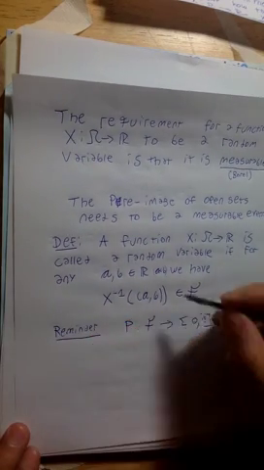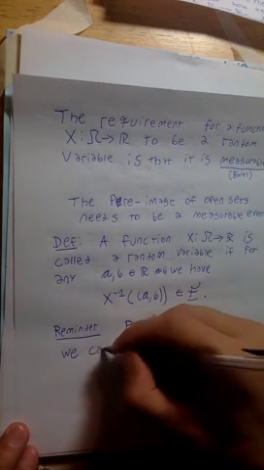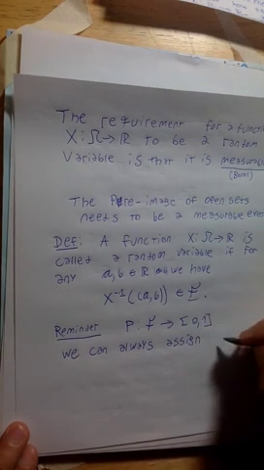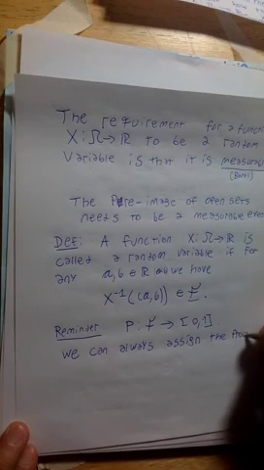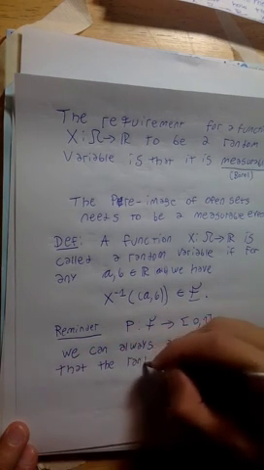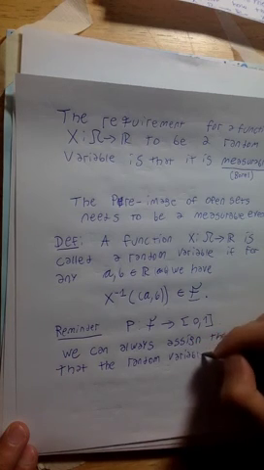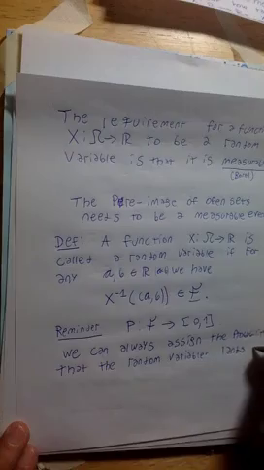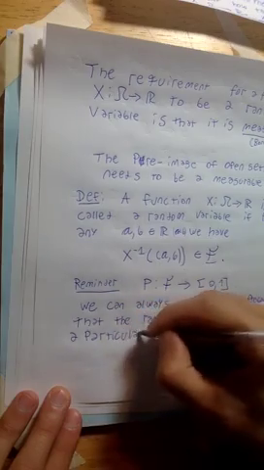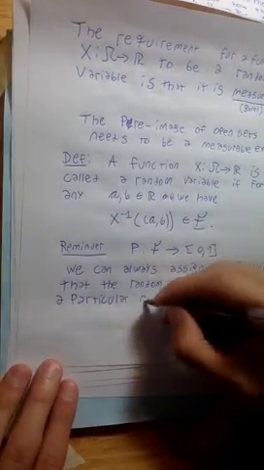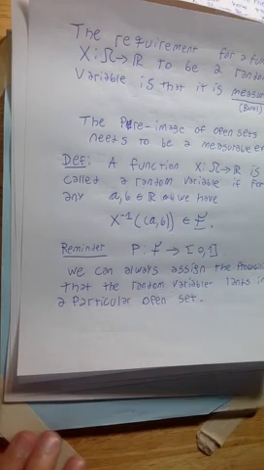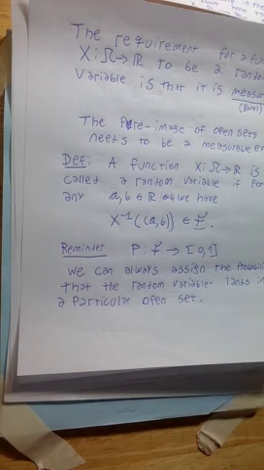So with this definition we can always assign the probability that the random variable lands in a particular open set. Okay? All right.